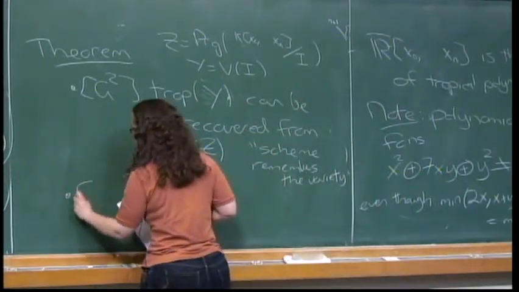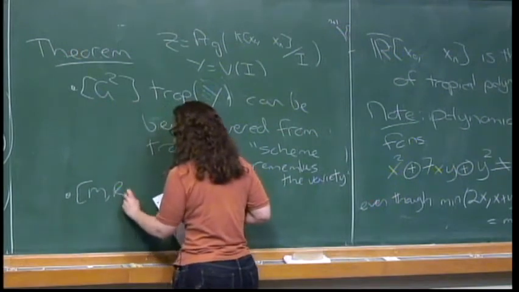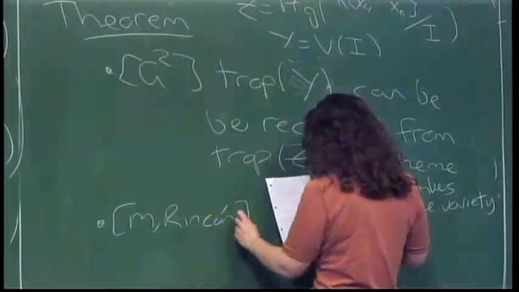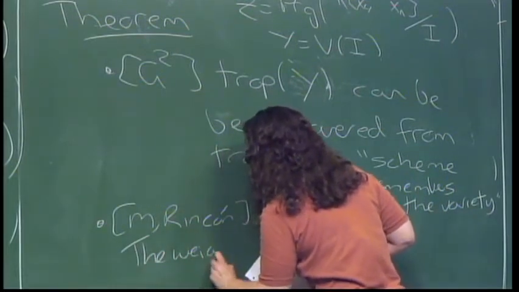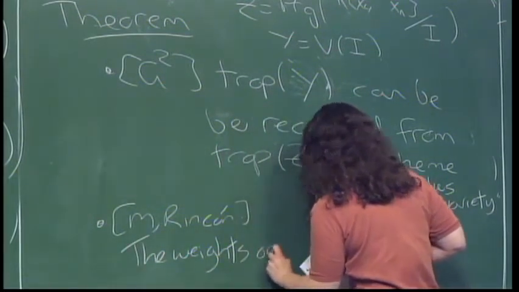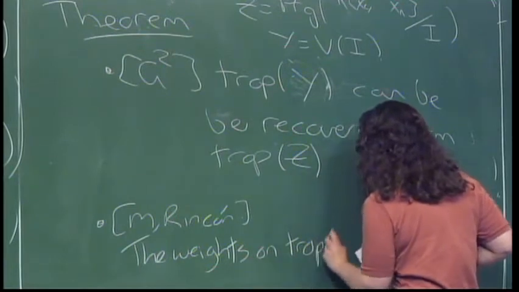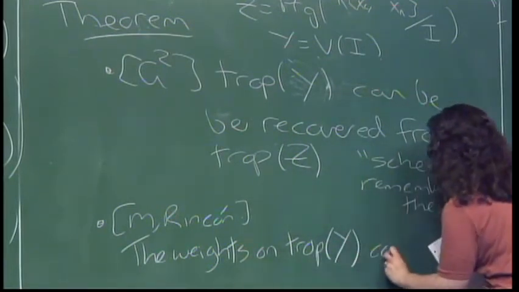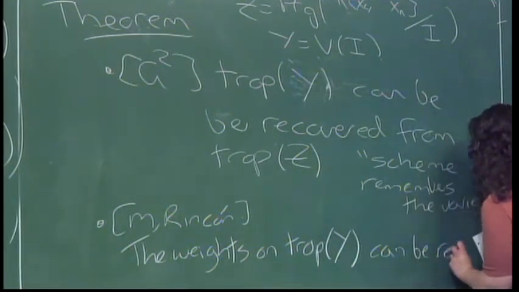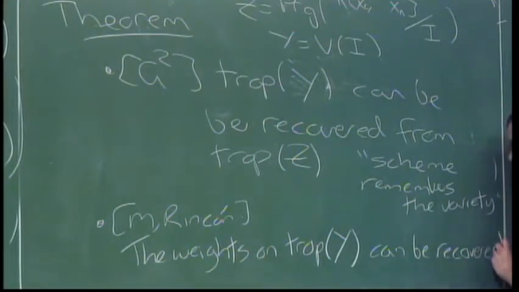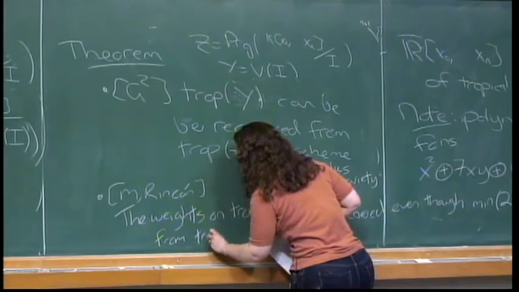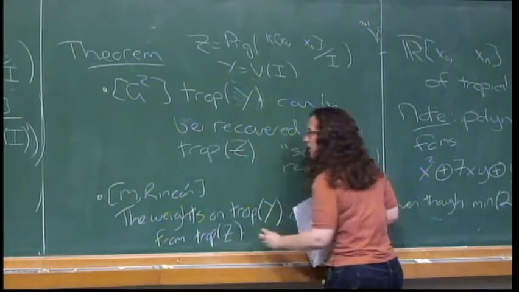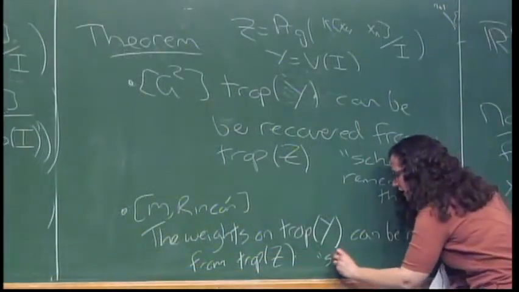Second property, we have a result of mine with Felipe. The weights on trop Y can be recovered from trop Z. Okay, so this is the scheme remembers the cycle.